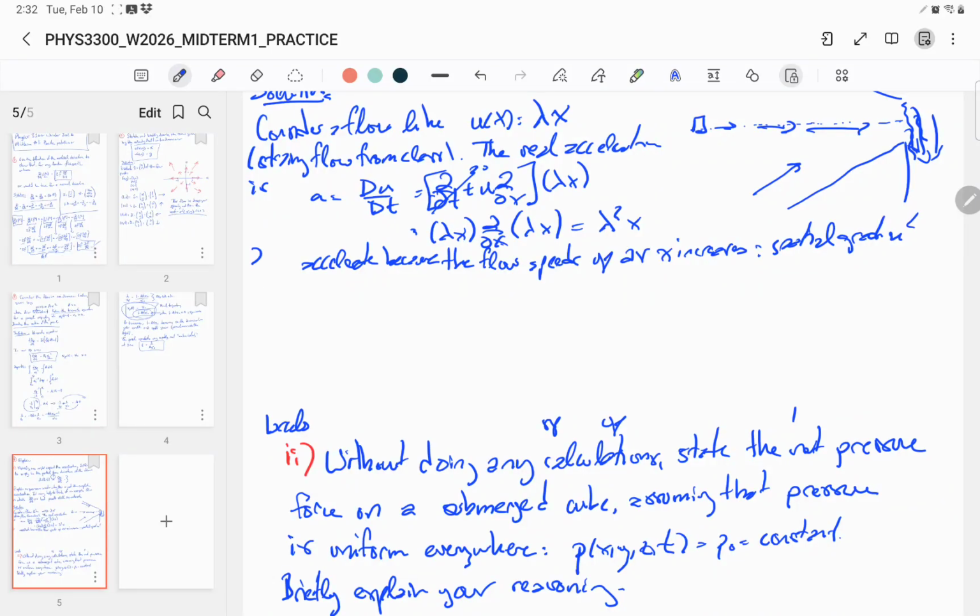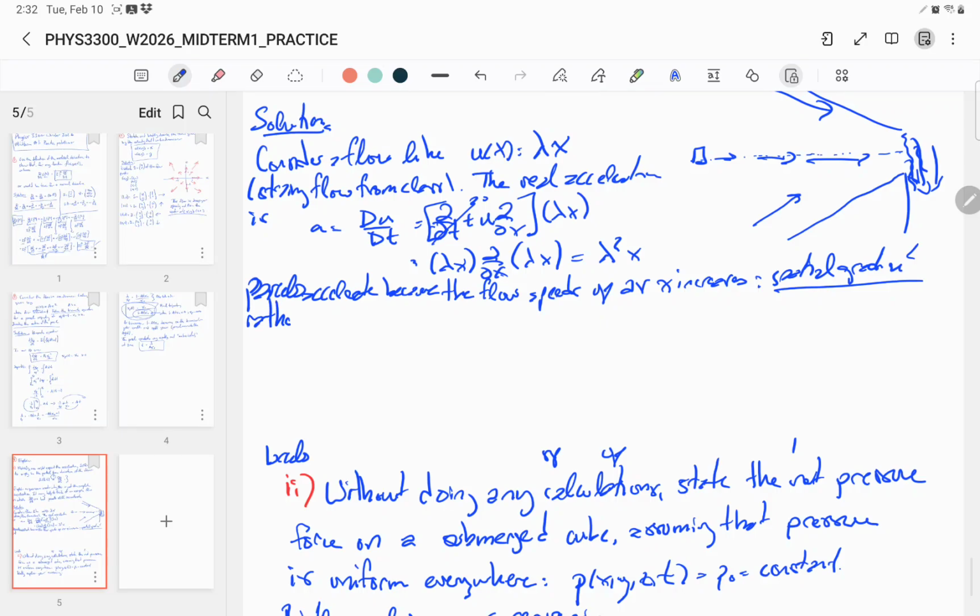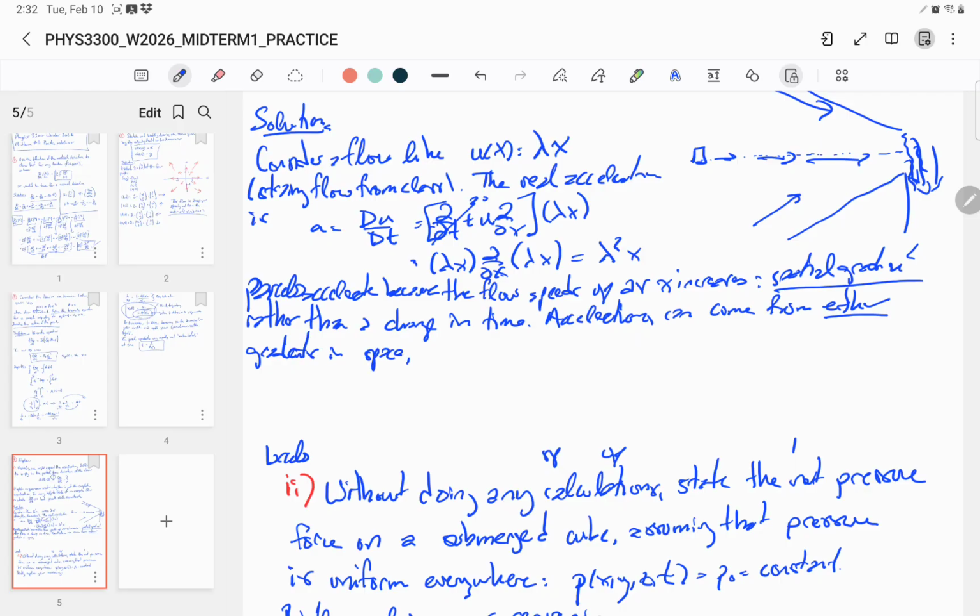There's a spatial gradient rather than a change in time. Accelerations can come from either gradients in space or explicit time dependence.